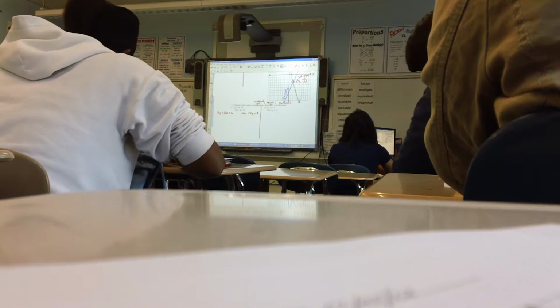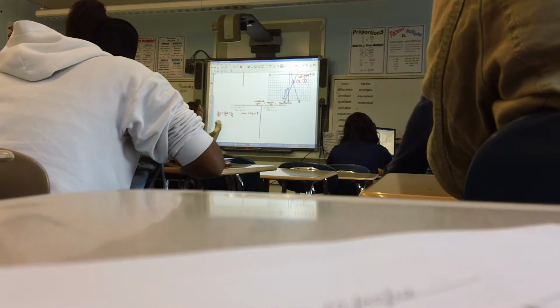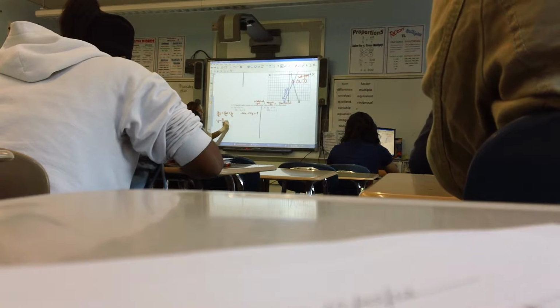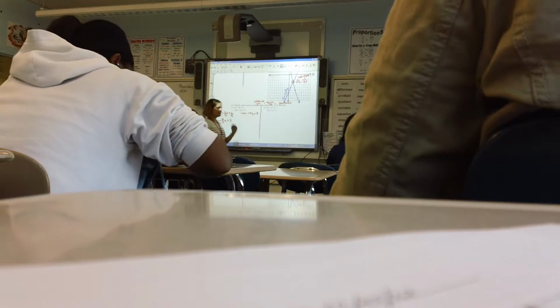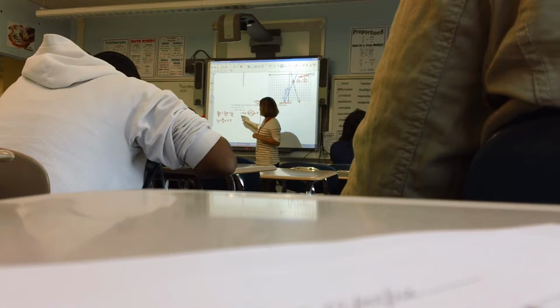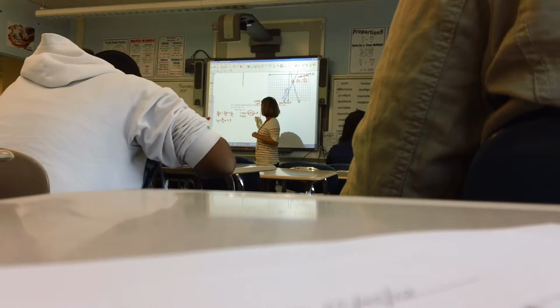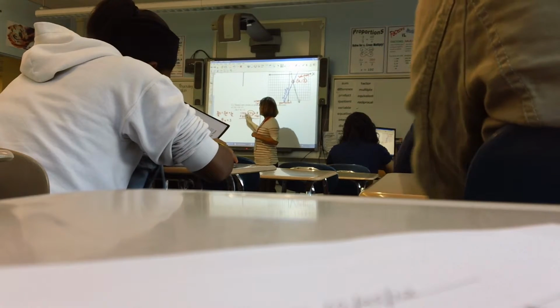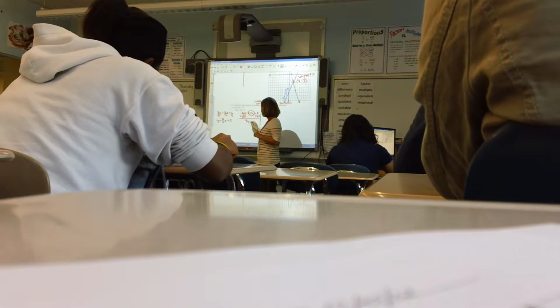So let's do it. How do we get y by itself? Divide by 2. Y equals 5 times x plus 3. On this side, how do we get y by itself? Add 10x.